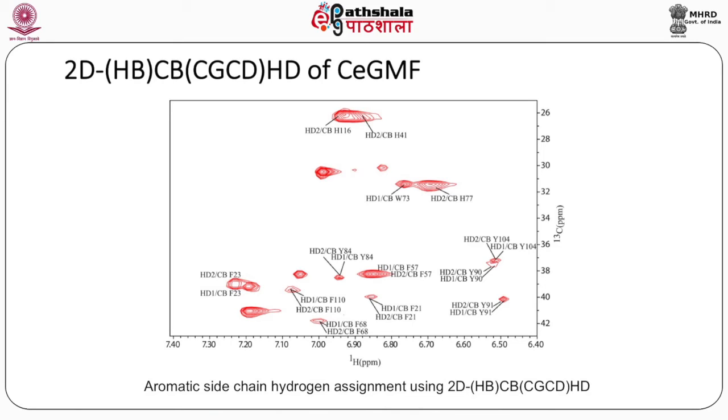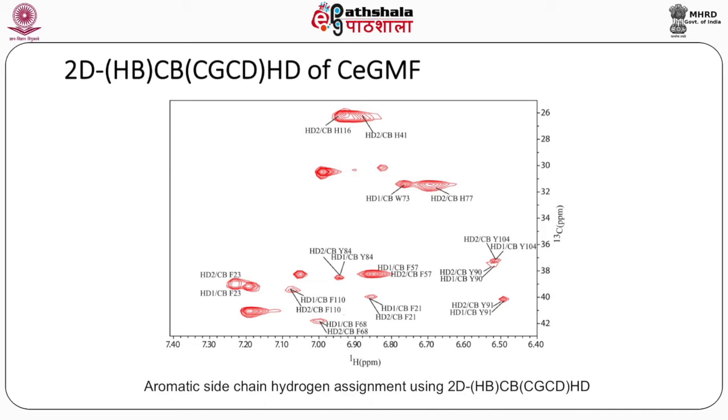Similarly, for the 2D (HB)CB(CGCDCE)HE experiment, the magnetization goes from H beta to C beta, then to C gamma, to C delta, to C epsilon, and then to H epsilon. This is a longer experiment and it is less sensitive than the CBHD experiment.